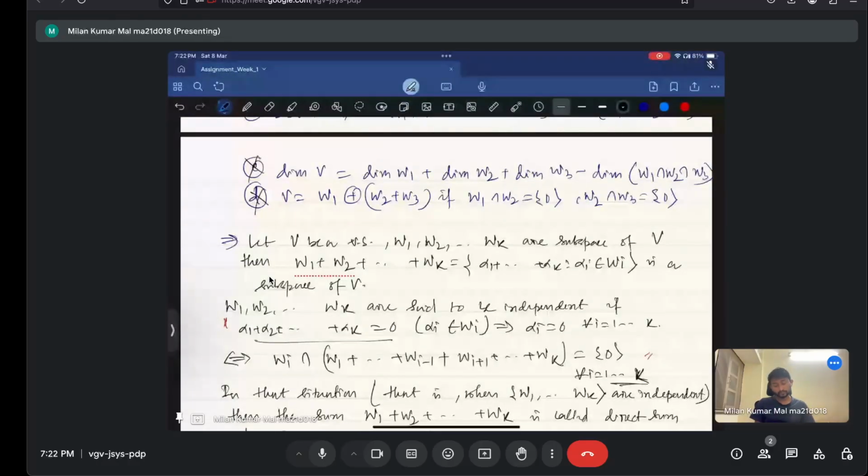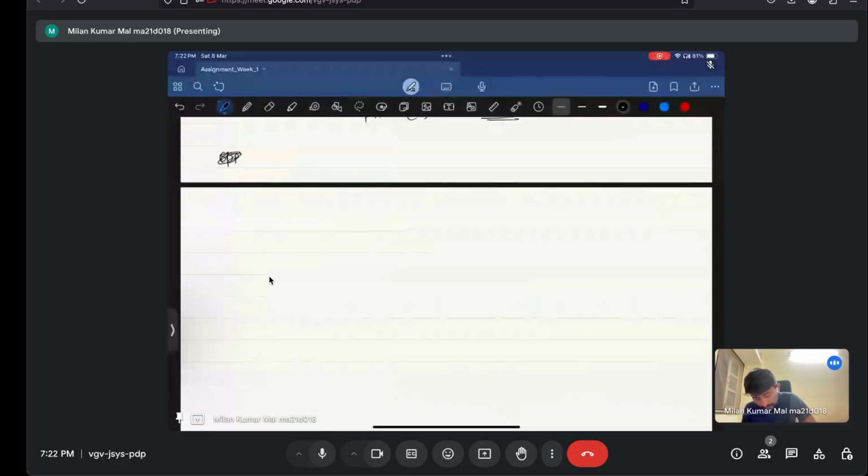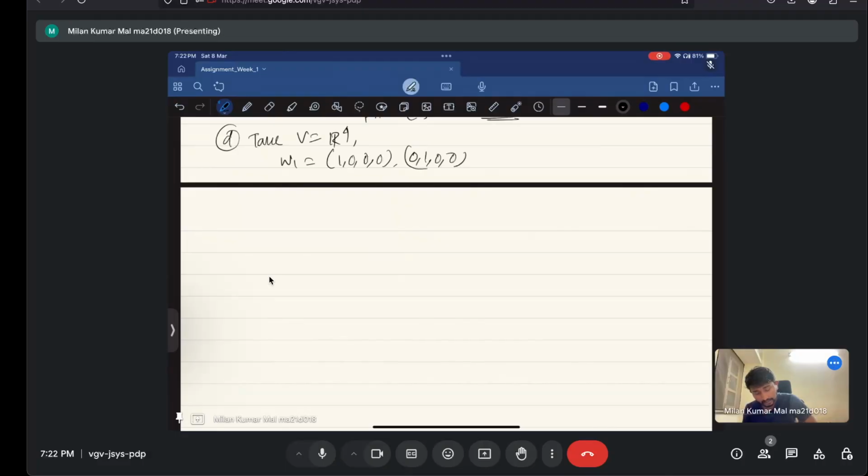Okay, so let's take option D. Actually, we want to disprove option D. Let's take V equals R4 and W1 equals span of 1 comma 0 comma 0, 0 comma 1 comma 0, and W1 and W2 should be disjoint.